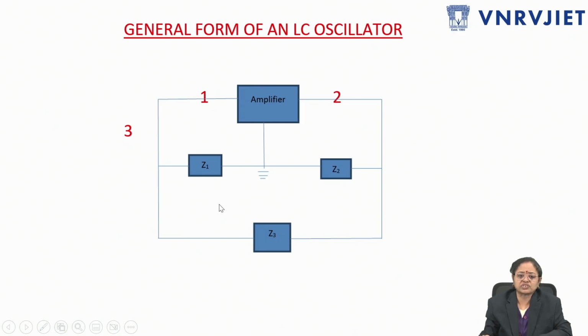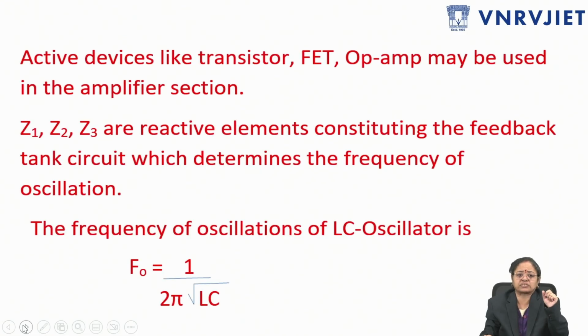If I talk about the Colpitts oscillator, then Z1 and Z2 are capacitors and Z3 is an inductor. If I talk about the Hartley oscillator, then Z1 and Z2 become inductances and Z3 becomes a capacitor. So based on the type of oscillator, you have to place the appropriate component, inductor or capacitor.